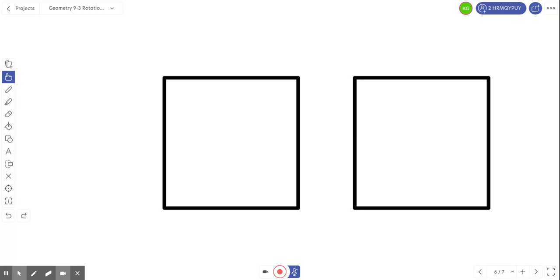So the last part of this lesson is, well, they don't say it in the book, but it's rotational symmetry.